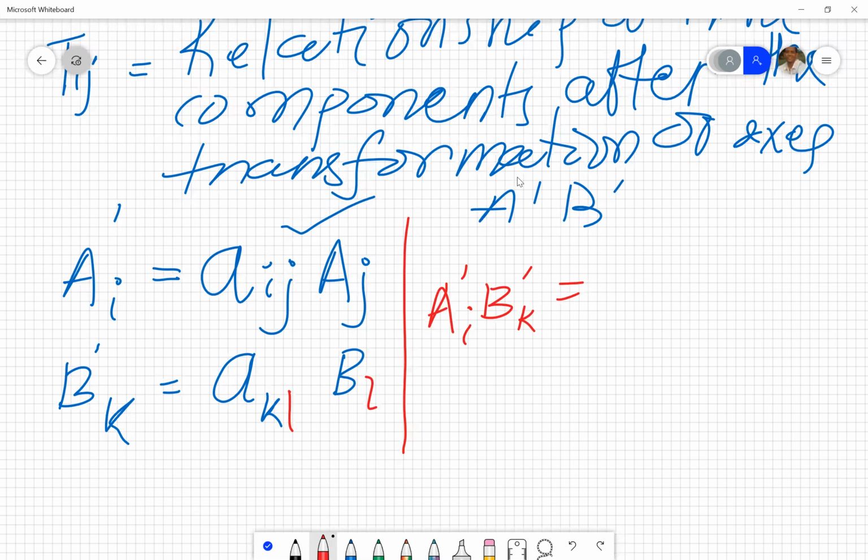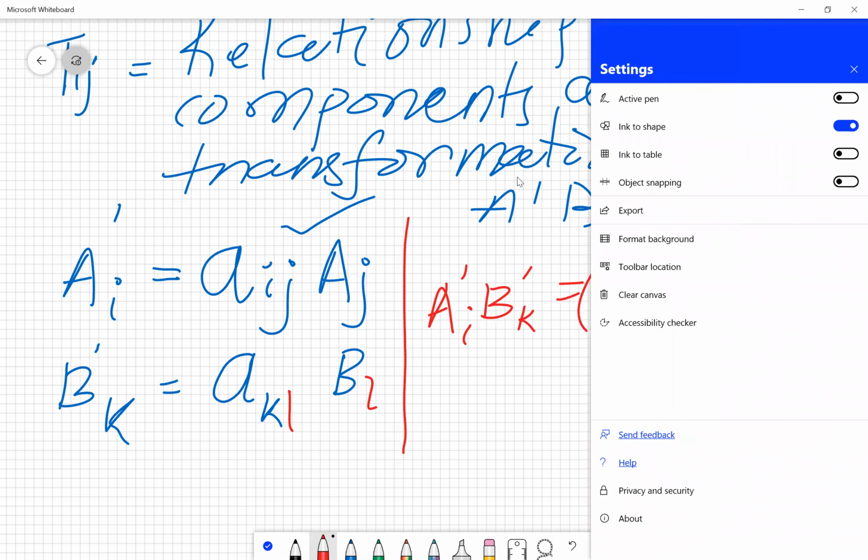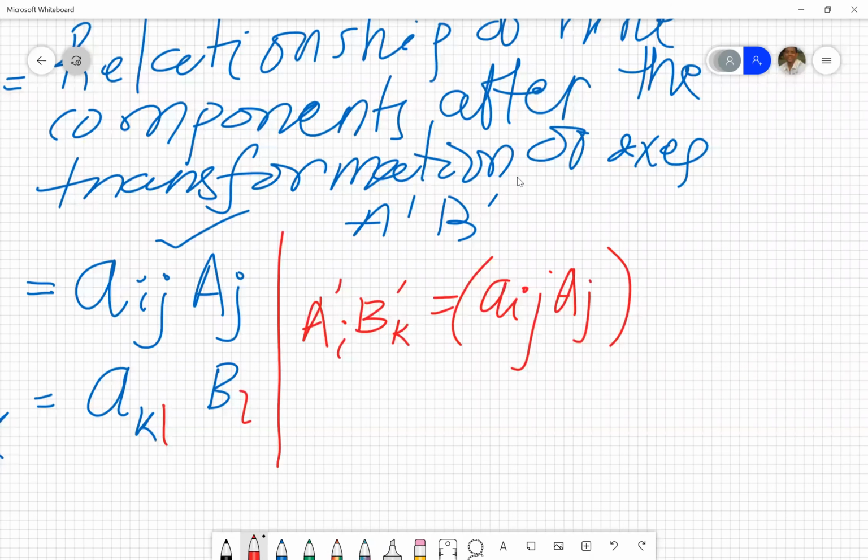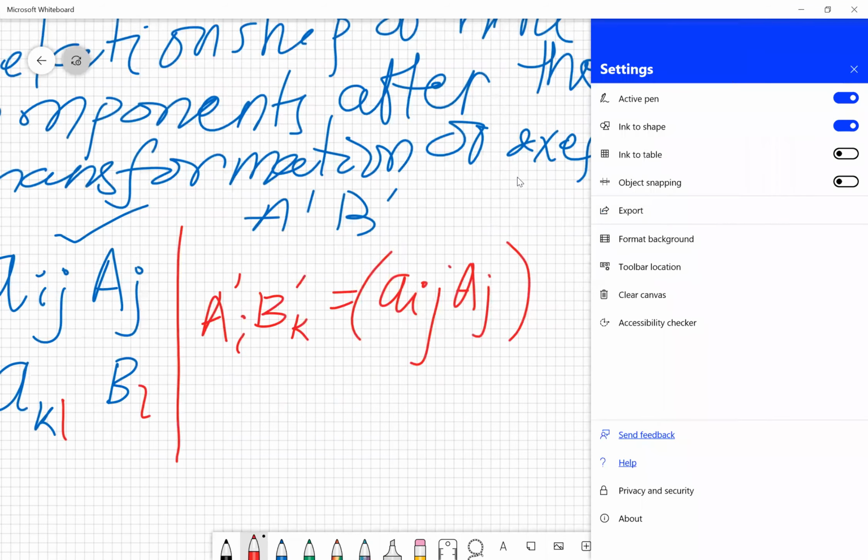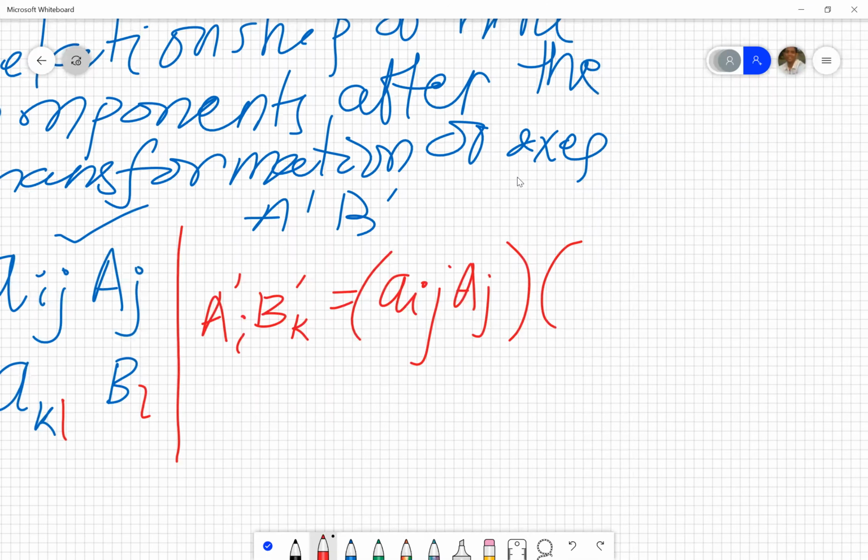It looks like Aij Aj into AKL into BL. This is the equation that now comes.